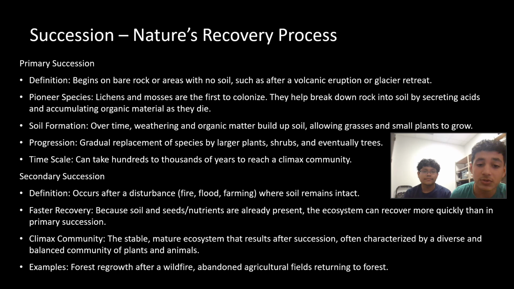The climax community is the stable, mature ecosystem that results after succession, often characterized by a diverse and balanced community of plants and animals. Some examples are forest regrowth after wildfire and abandoned agricultural fields returning to forest. Since it was just a fire, the soil remained intact, meaning plants still had roots and were still able to grow, so it came back faster.